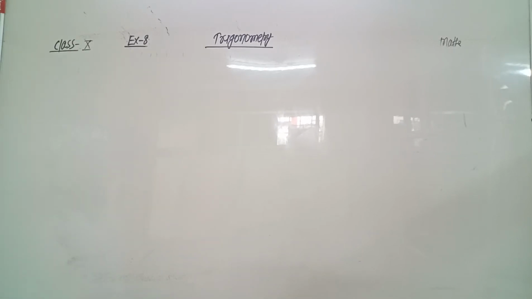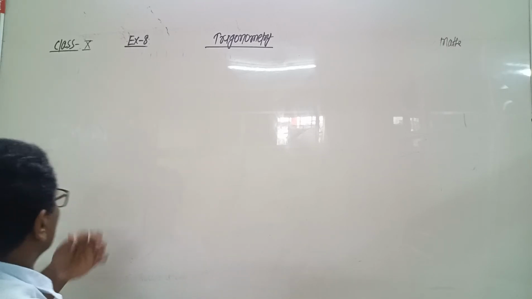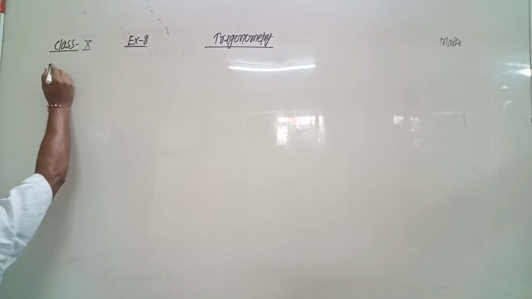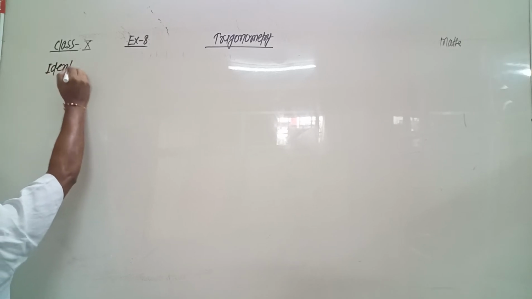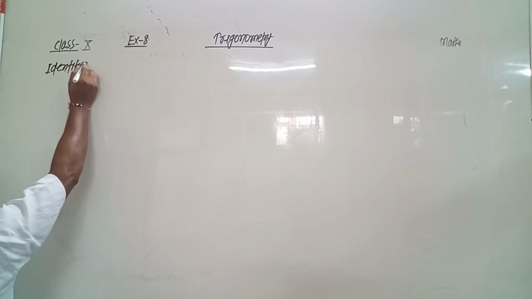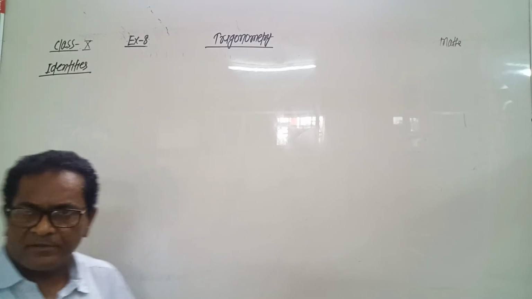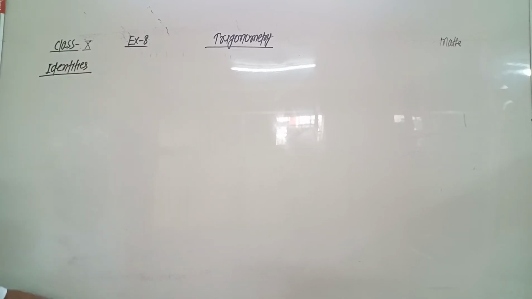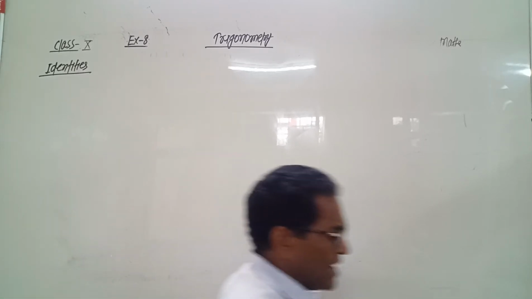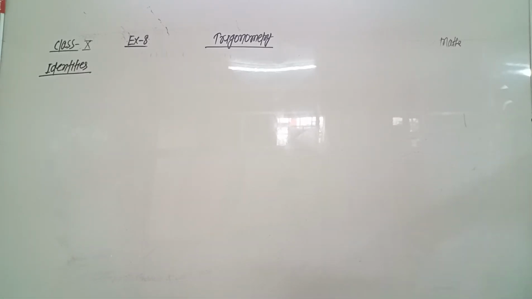Now we discuss a very important topic, trigonometric identities. For this, we derive the formulas. You will have to keep in mind the formulas for trigonometric identities.